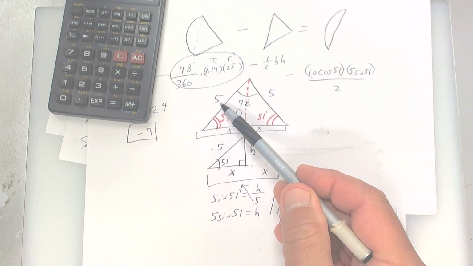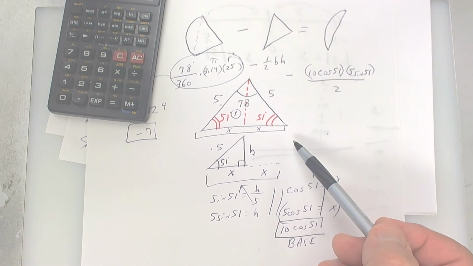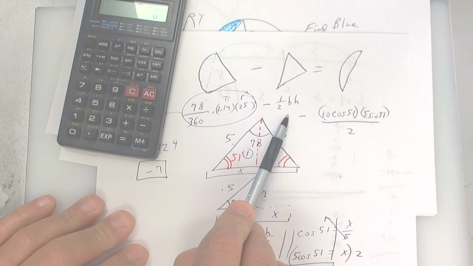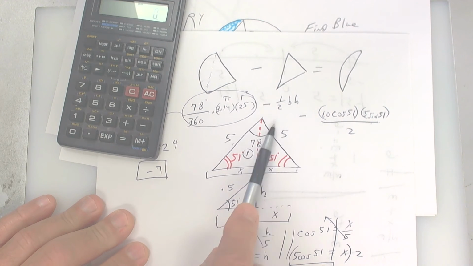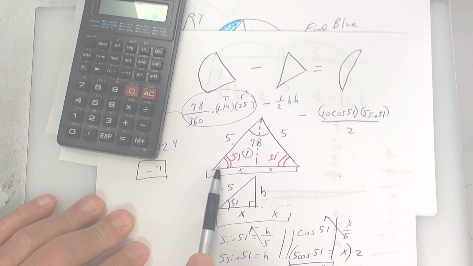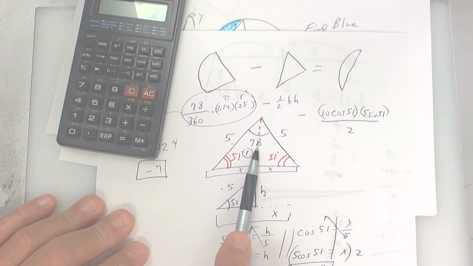It'd have to be much bigger. But the process is correct, okay? You have to first do the cone, which is the area of the sector, minus the triangle. And to do the triangle, you drop the altitude and you figure out your base, and then you do some trig on it to get the height, and then you double it to get the base.